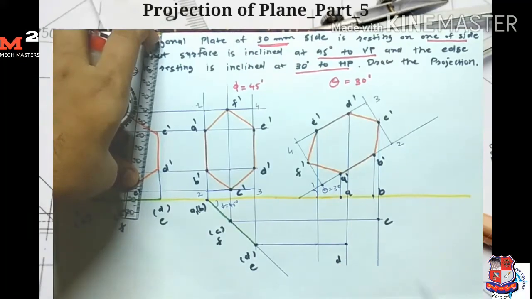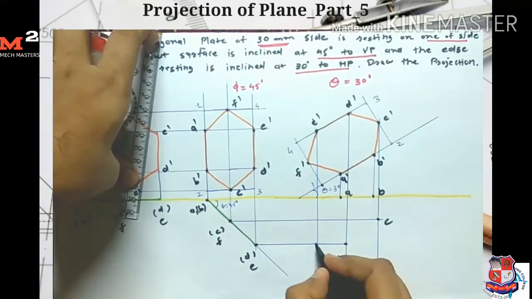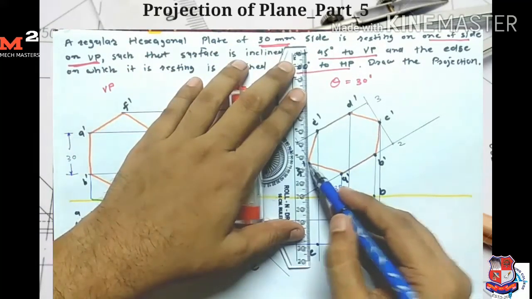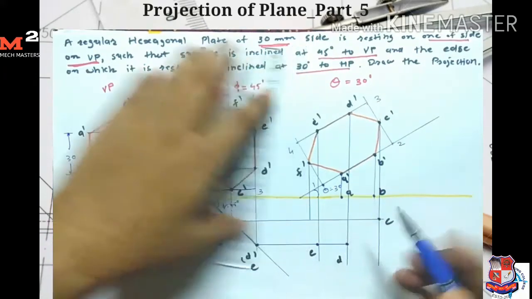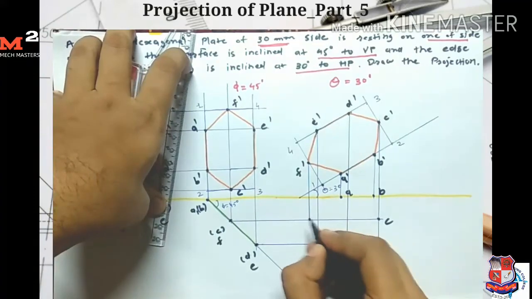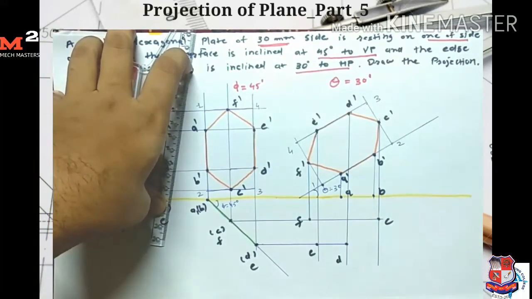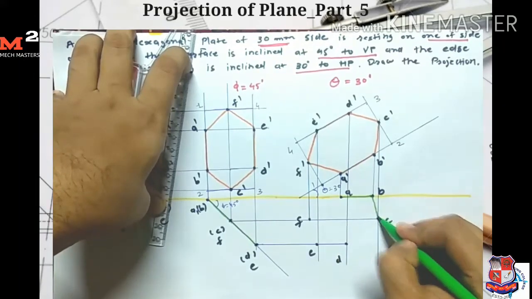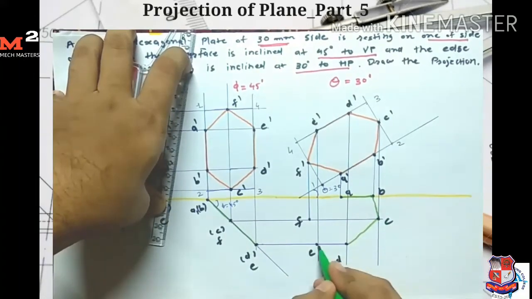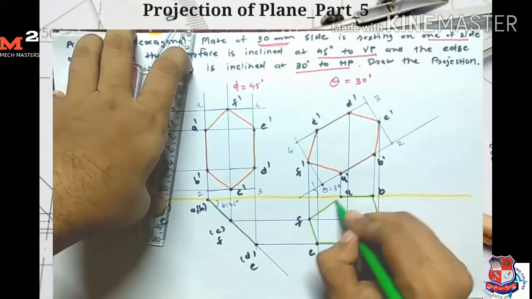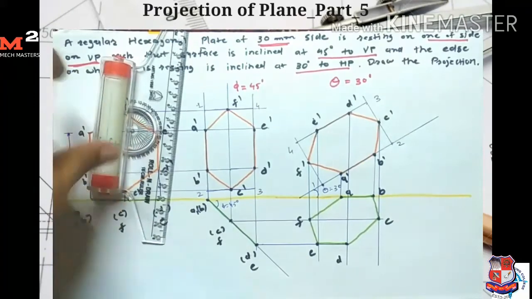So here I get my point E. Now for point F, I take the projection from here and from here. So here I get my point F. After joining these points AB, BC, CD, DE, EF and FA, I get my top view.